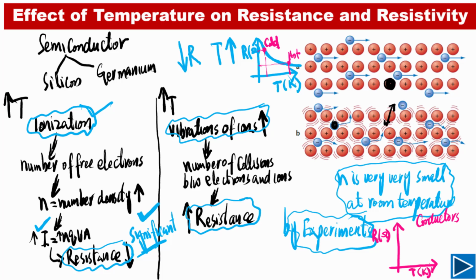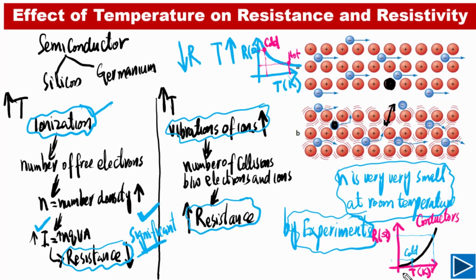The shape of the graph will be somewhat like this, parabolic. You can see when the temperature is low, meaning the conductor is cold, resistance is low. But when the conductor is hot, at this temperature resistance is higher.